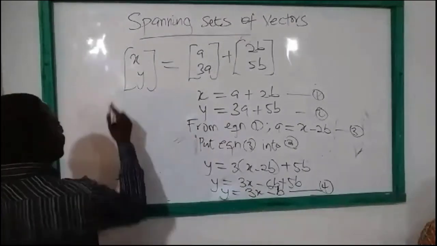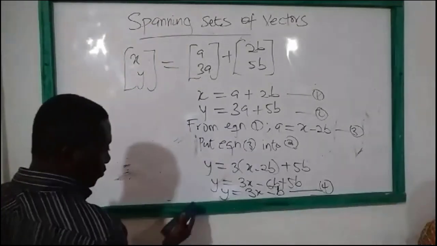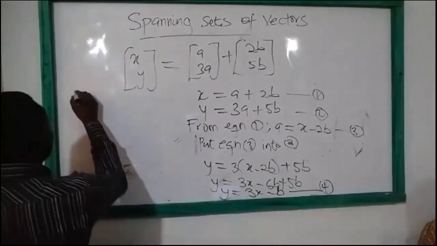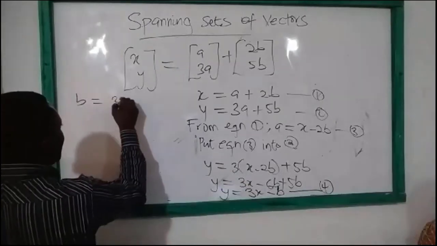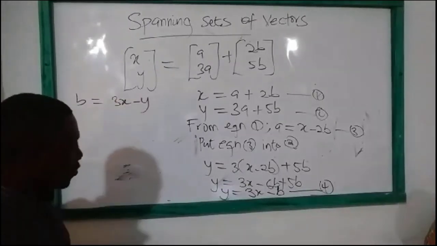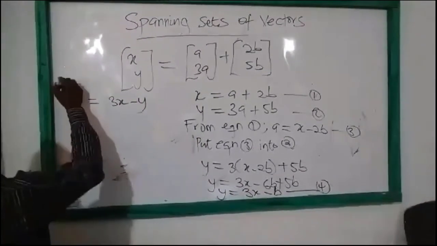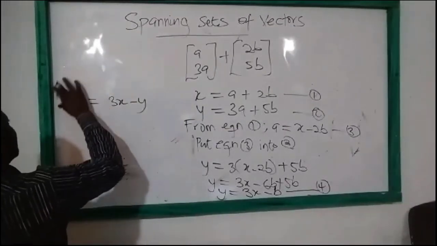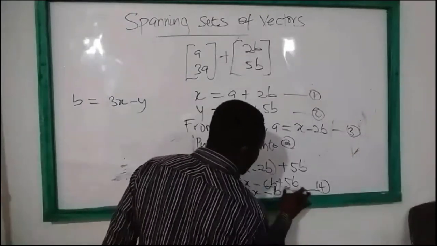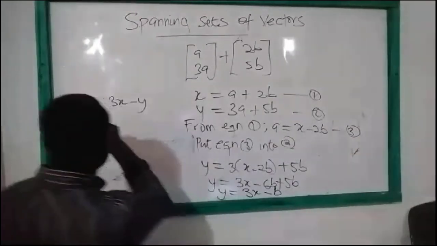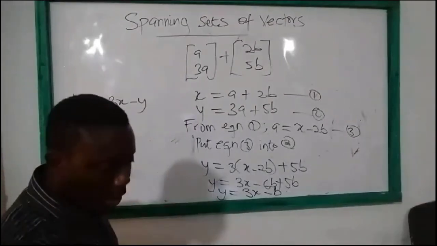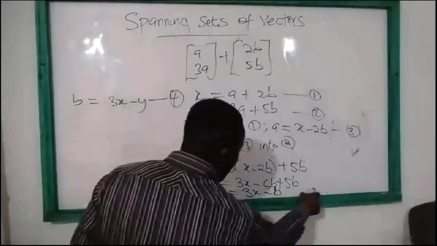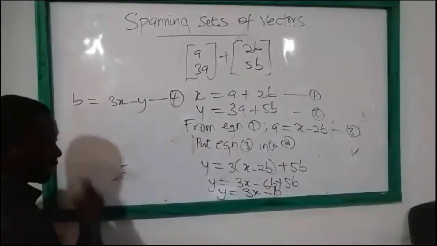So from this expression, equation 4, b is going to be 3x minus y. So we make b the subject instead of y.